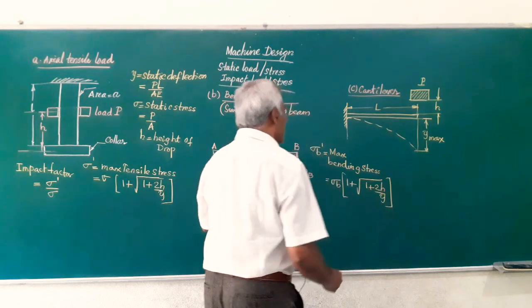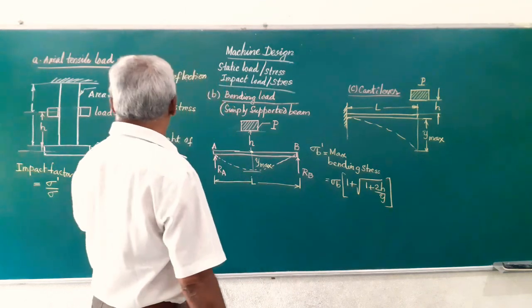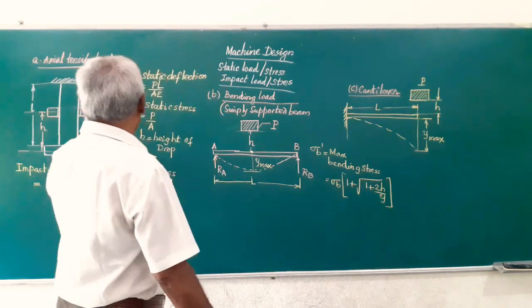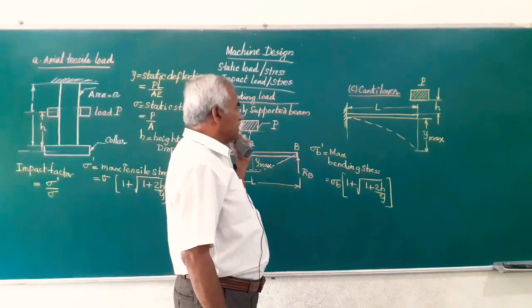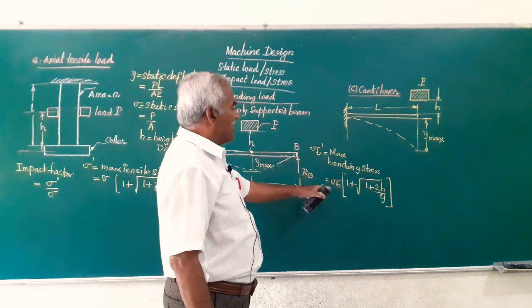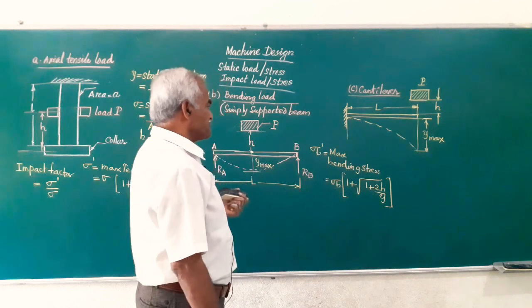So this formula is exactly similar to that for the case of a tensile load. Instead of the axial tensile stress, you are going to have the bending stress here.